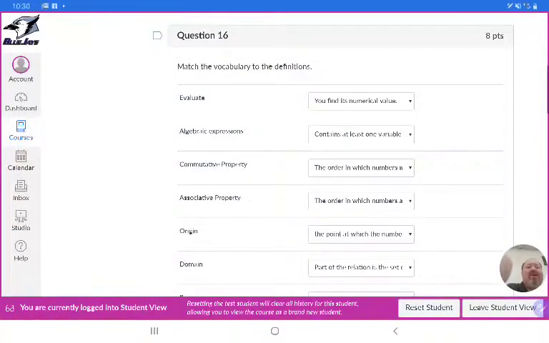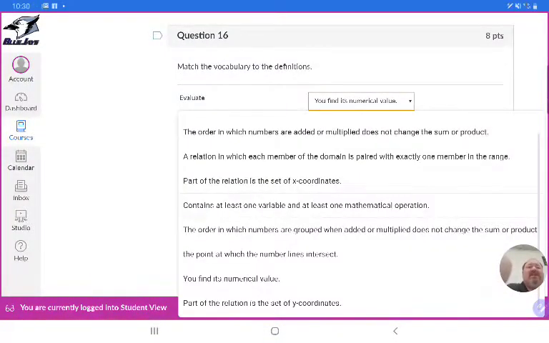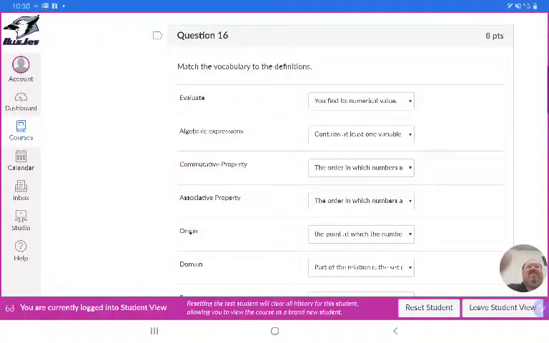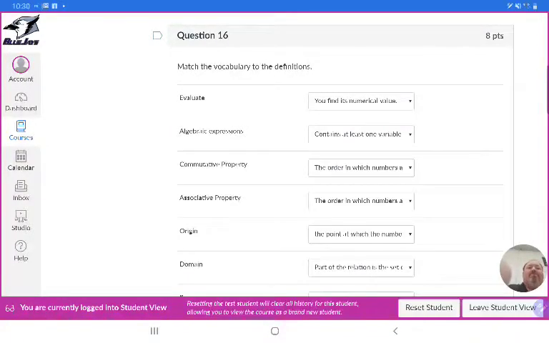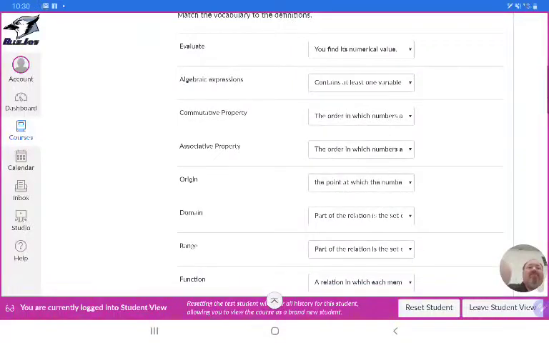So evaluate means you find the numerical value. Like solving, right? Algebraic expression. It has to contain at least one variable and at least one mathematical operation. Commutative property.